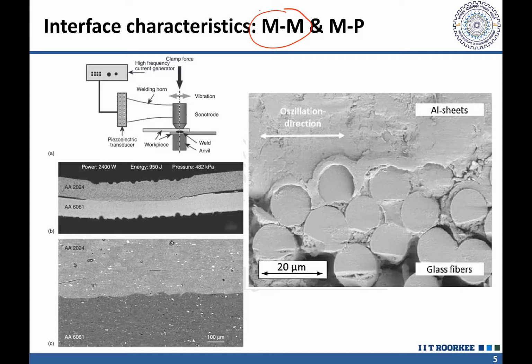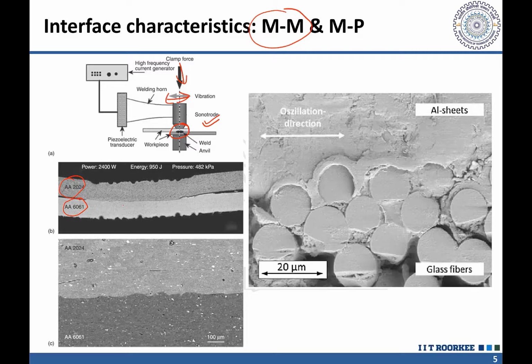So this is what we can see in ultrasonic welding when a metal to metal joint is developed, say between two different types of aluminum alloy, aluminum copper alloy, aluminum magnesium silicon alloys. So when this is done, the clamping force and the vibrations are applied through the sonotrode onto the joint interface between the components to be joined.